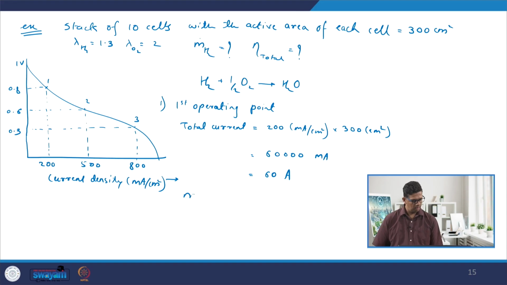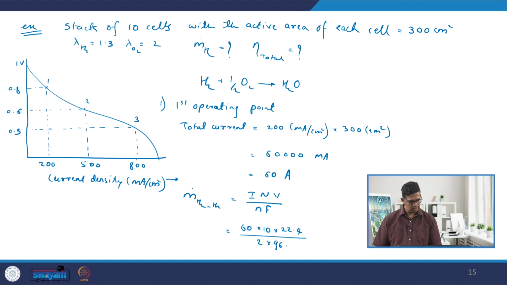So, m dot H2 theoretical, or I can write like this, which is I n v by nF. So, we know the total current flowing is 60 amperes. There are 10 cells in a stack. Molar volume is 22.4 liters. n is 2 for hydrogen.